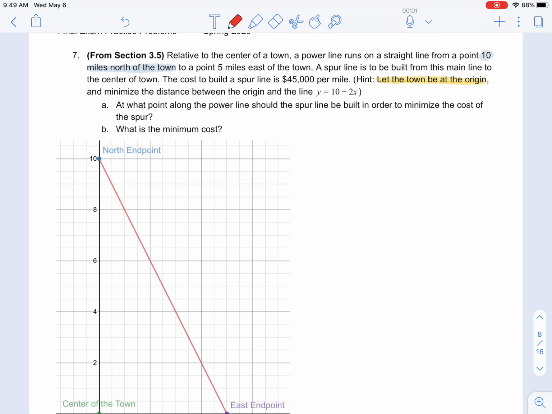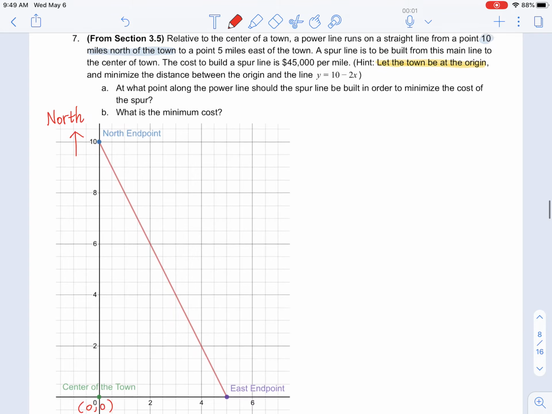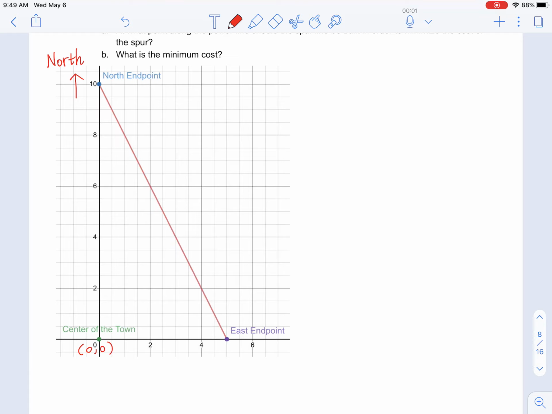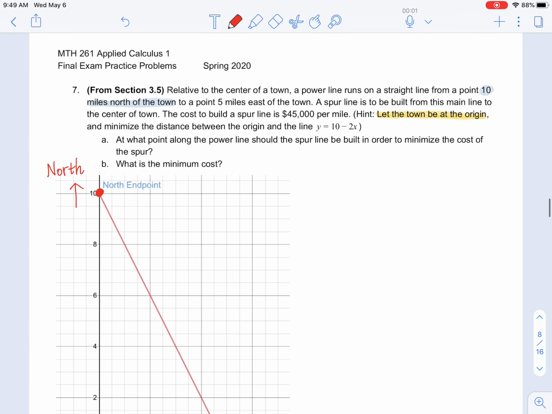If you can read the hint that comes right here, it says let the town be at the origin, 0, 0. That's why I put the center of the town at 0, 0 right here. A power line runs from a point 10 miles north of the town. North is going up, right? So from 0, 0, I went 1, 2, 3, 4, 5, 6, 7, 8, 9, 10, and put this point right here. This is the north end point of the power line.